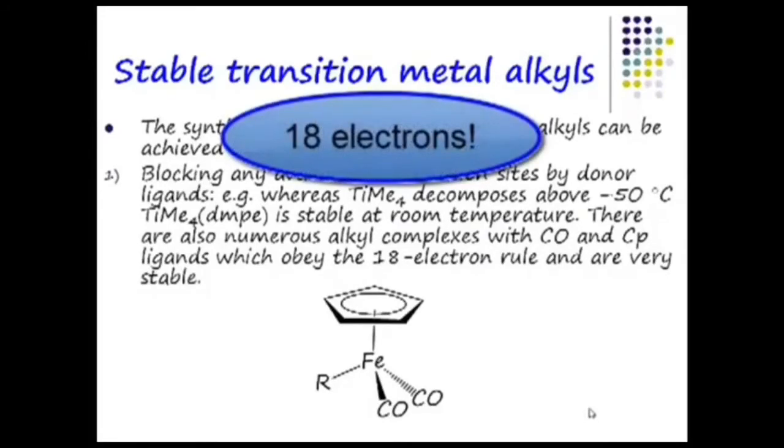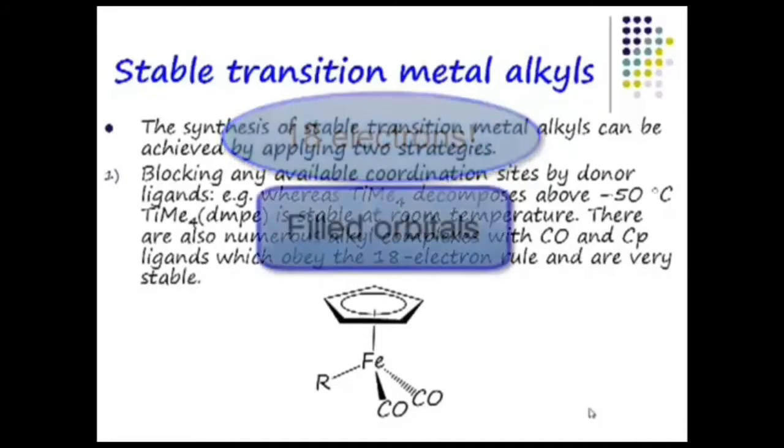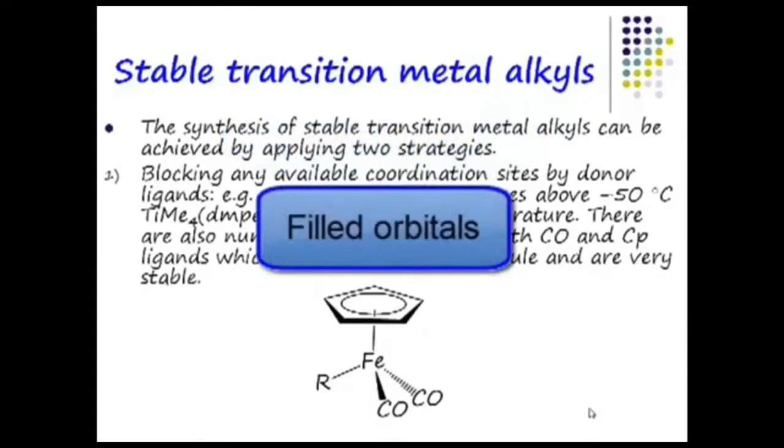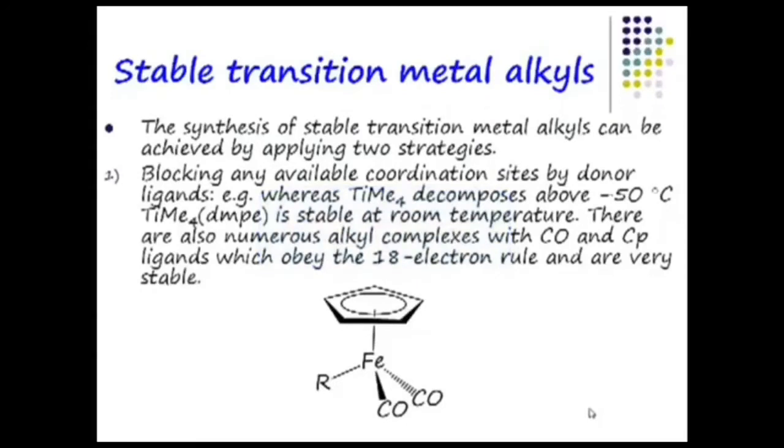So if you have a transition metal alkyl complex that has 18 electrons, essentially all the orbitals are filled. If all the orbitals are filled with electrons, then there's no way that the alkyl group can come round in a beta-agostic interaction and bind to the transition metal center.